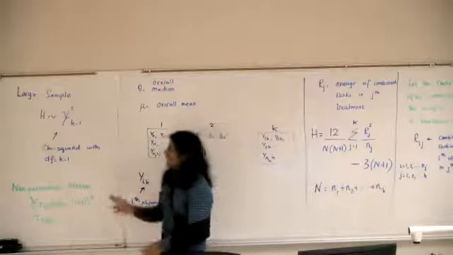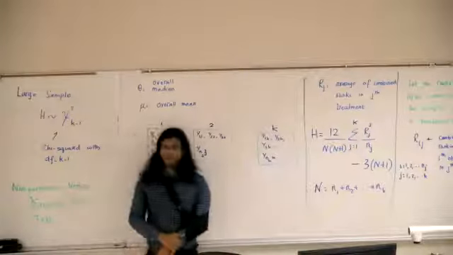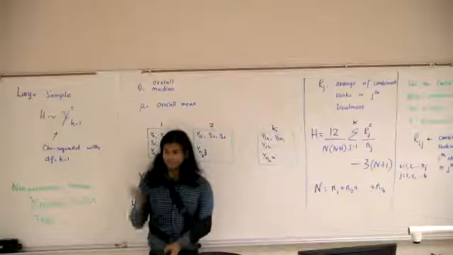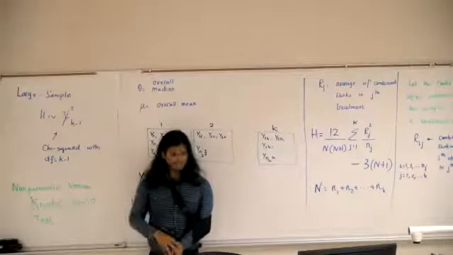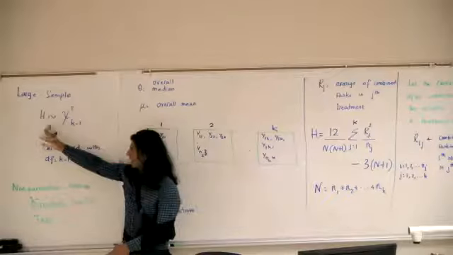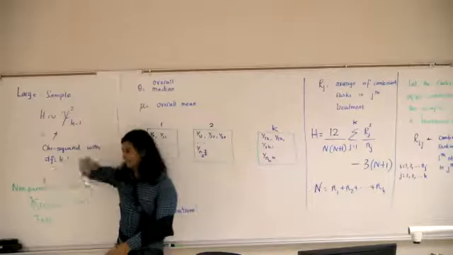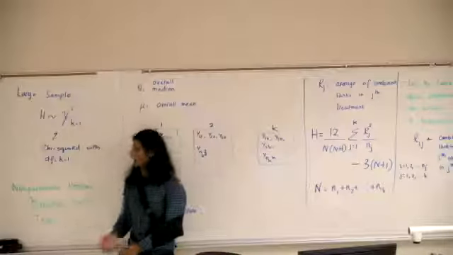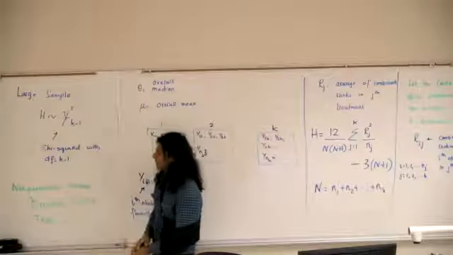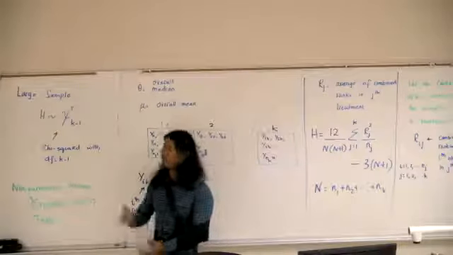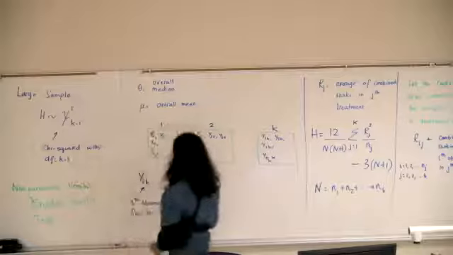The nice thing about this large sample approximation is that you don't have to standardize at all. No standardization necessary. If the sample size is large enough, H can be approximated with a chi-square distribution. So to do a large sample approximation, we just use a chi-square distribution with df equals k minus 1.